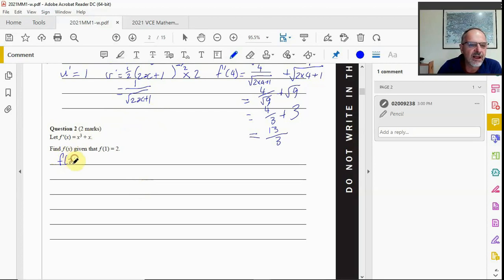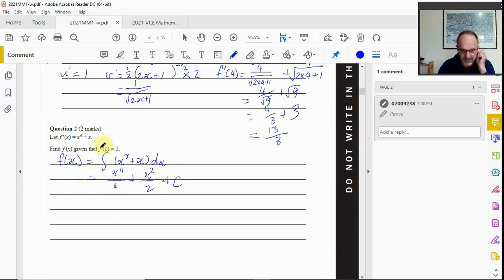To get out from our derivative we need to anti-differentiate, so we anti-differentiate x cubed plus x dx. Of course when we do that it's the opposite, so our power increases by 1 and we divide by the new power, and we have a constant.